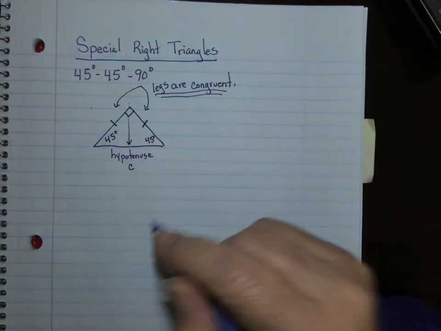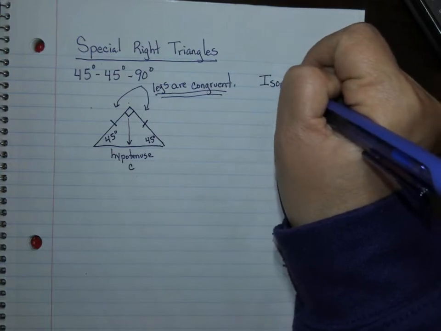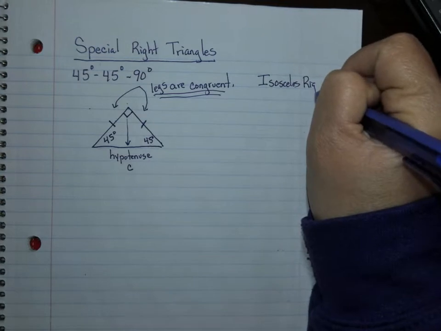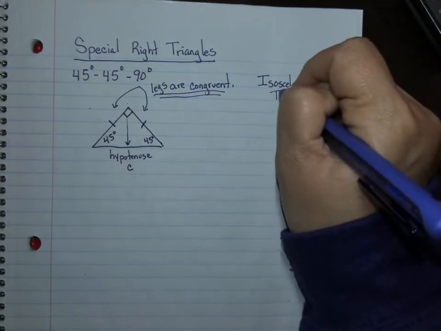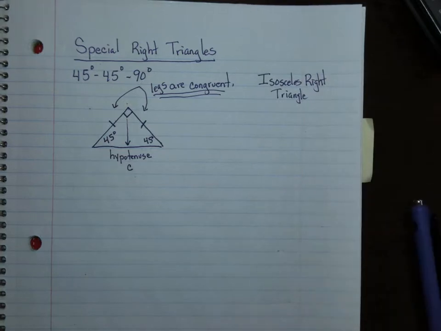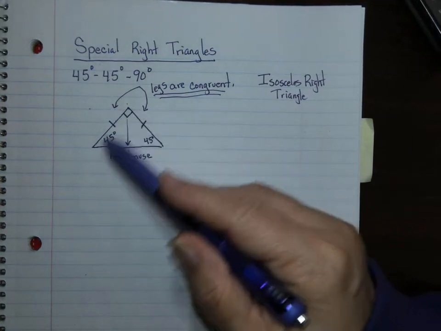These legs are congruent. That means that this is an isosceles right triangle.